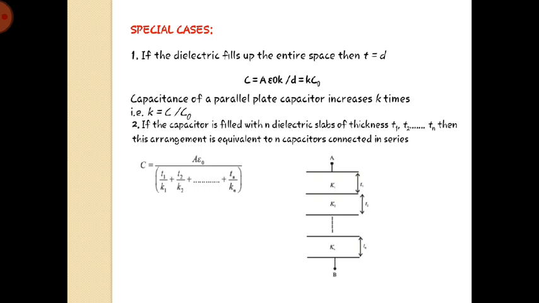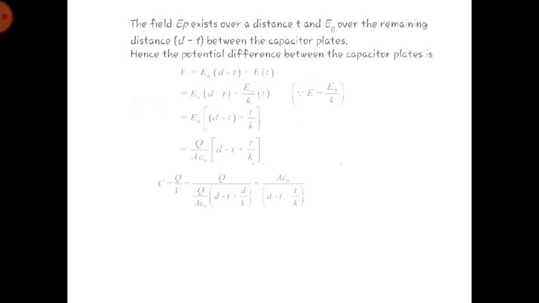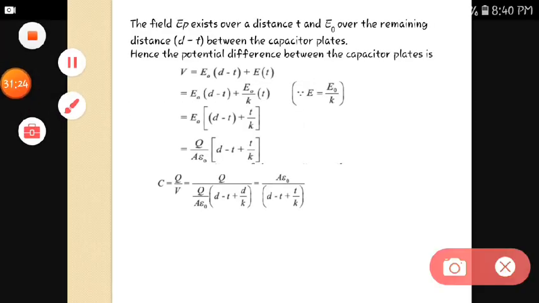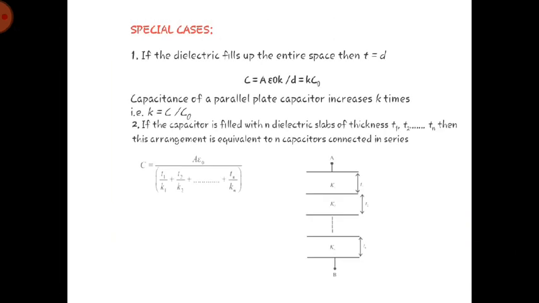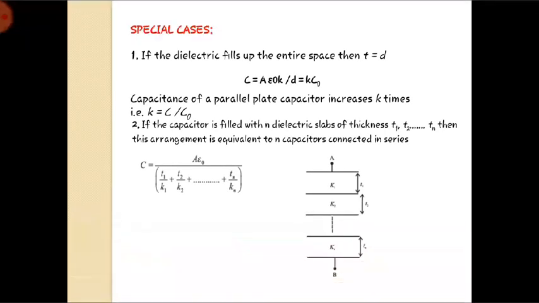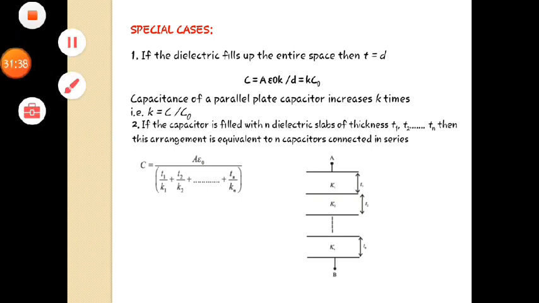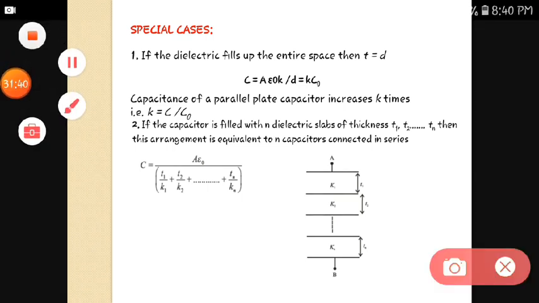The first case is if the dielectric fills up the entire space, T is equal to D. So if T is equal to D, we put in this equation, T and D will get cancelled and this becomes D by K. Am I right? So you are getting the equation as A epsilon 0 K divided by D. And what is that? This is nothing but C0.